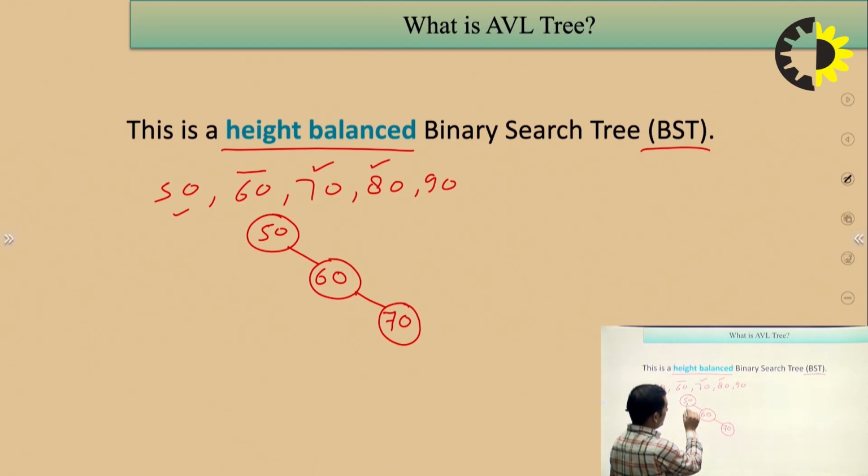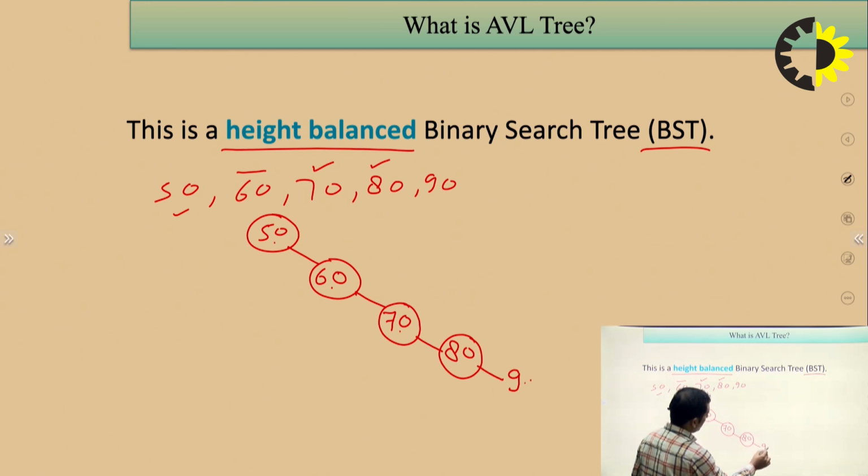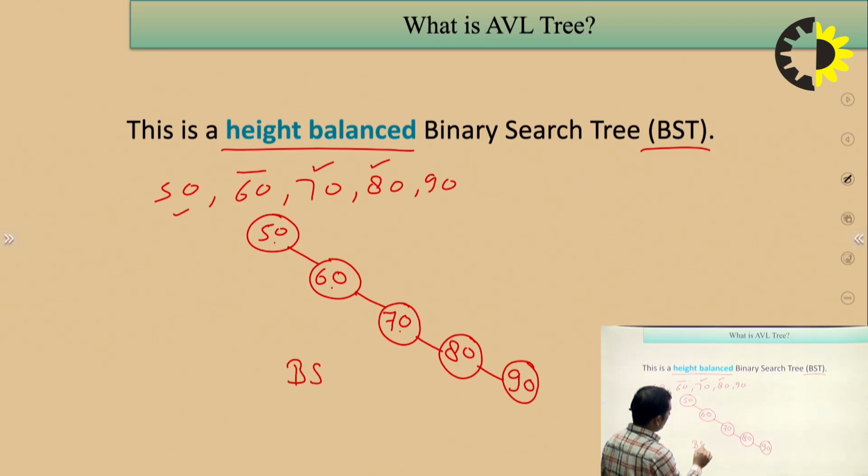80 is greater than 50, 60 and also 70, so 80 will come here. After that, inserting 90, which is also greater than all these values, it comes on the right side. Now our created BST will be in this form. Now see, what is the purpose of BST? Why are we creating a BST? For efficient searching.